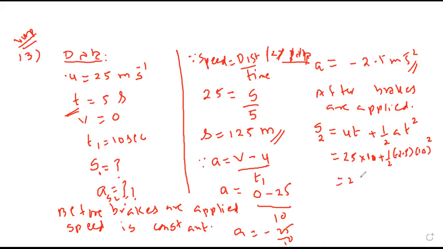So this becomes 250 minus half into 2.5 into 1, 2 into 50 is 250 minus 25 into 5 is 1, 2, 5. Okay, follow? Now followed all the three parts?